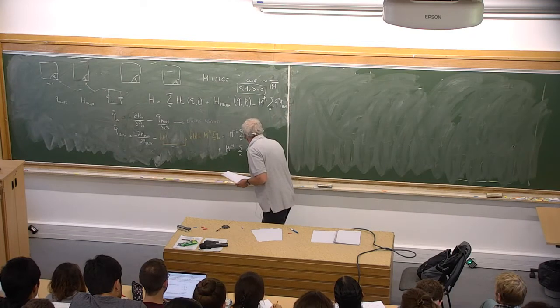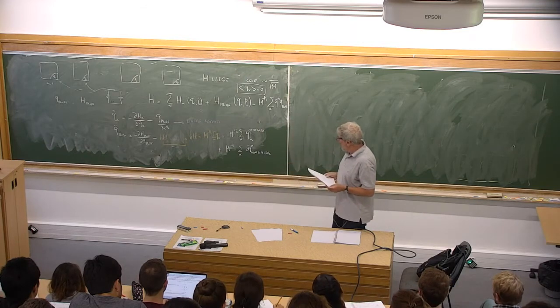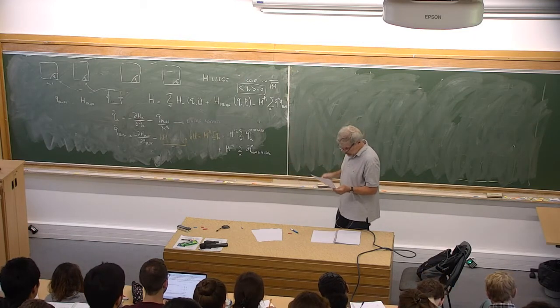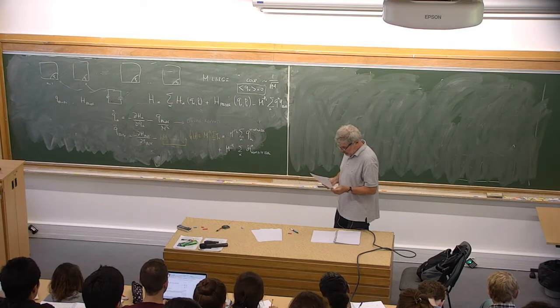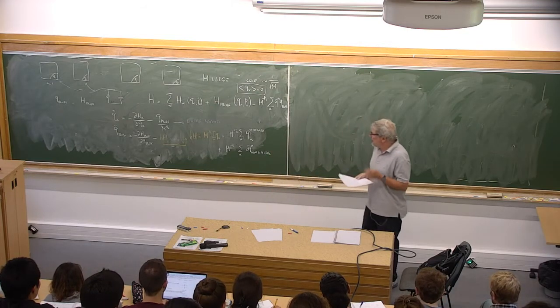So delta Q alpha. Indices are supra or sub for typographical convenience, opportunistically.